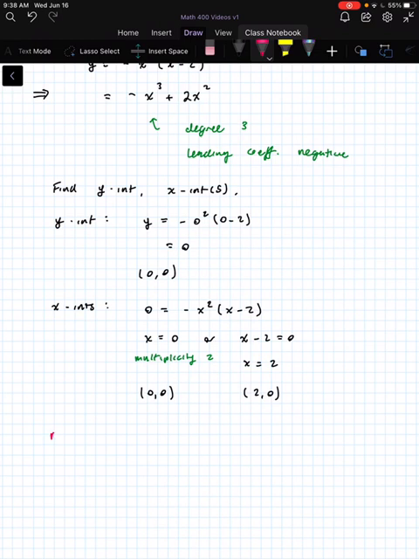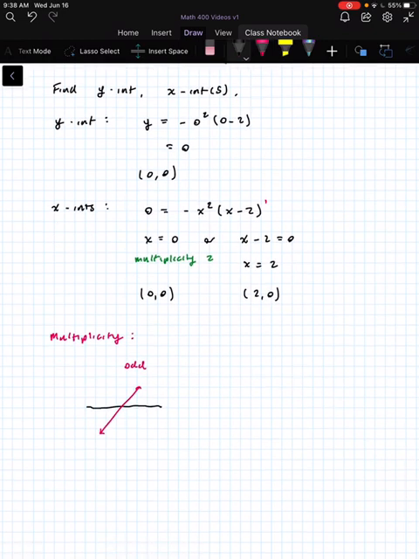An aside here that's important: multiplicity. If it's odd, so in the case of x minus 2, that's a power of 1, then where it crosses the x-axis, the function is just going to go straight through.